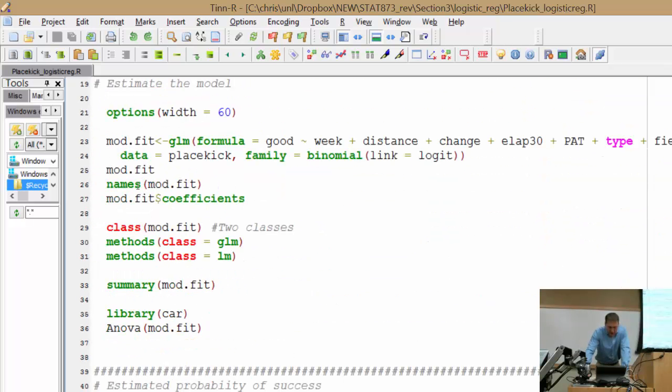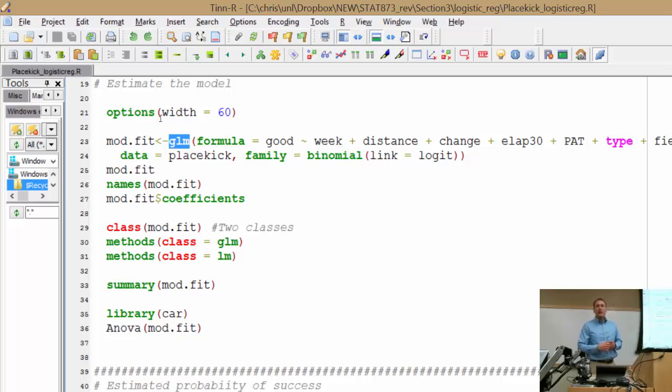So I read in my data, and then to estimate the model, I'm going to use a function called GLM. We've seen the LM function before for regression analysis. LM stood for linear model. Now the G of GLM stands for generalized linear model. So we can see that our logistic regression model is essentially a generalization of a regular old regression model. That's where the GLM comes from.